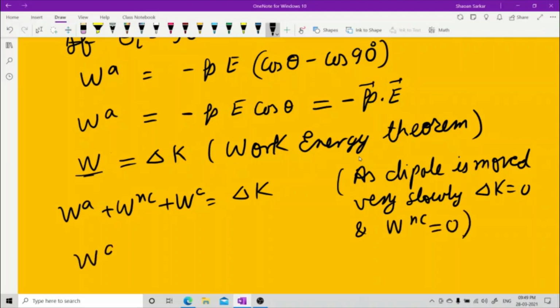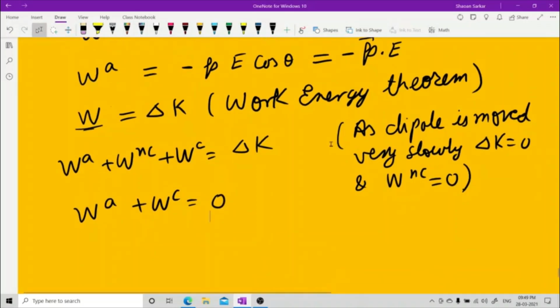Therefore, W applied plus W conservative is equal to 0. One thing I would like to tell you here: W applied is nothing but minus W conservative.